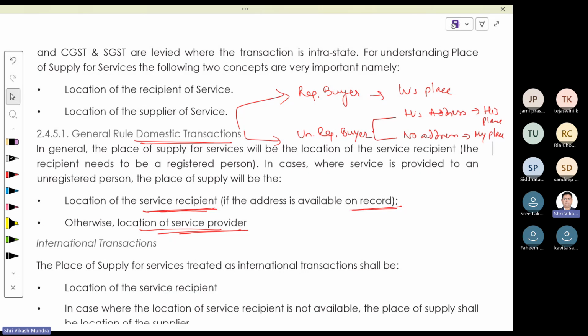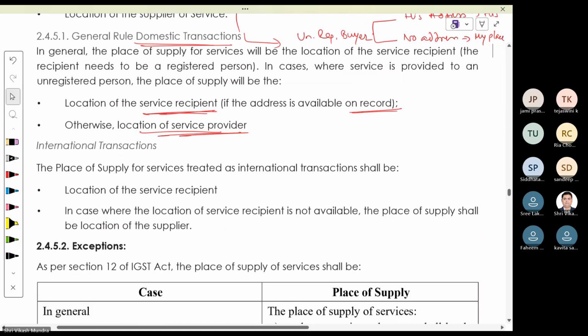If I am providing services to an unregistered buyer, and the address of that unregistered buyer is available in my record, then his place would be considered as the place of supply. If his address is not available in my record, then my place would be considered as the place of supply. Is it clear?